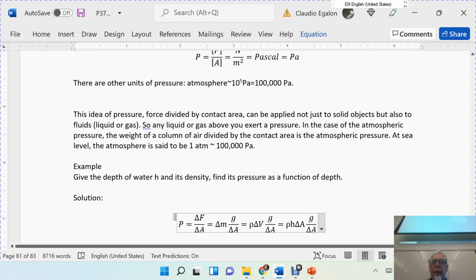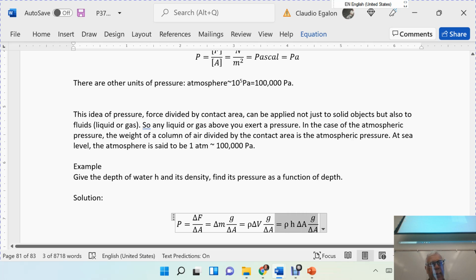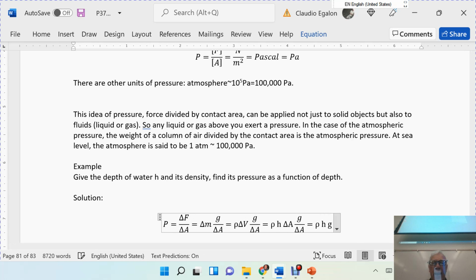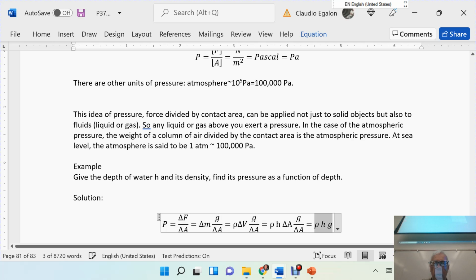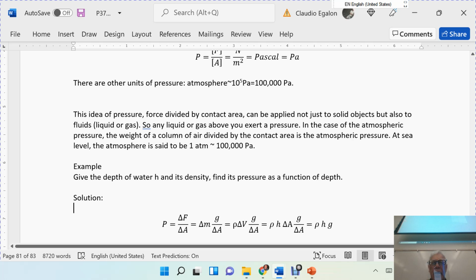Do you see what happens to the delta A now? This delta A downstairs is the same as this delta A upstairs. And that's the nice thing about this derivation: whatever we do not know ends up canceling out. You usually get things like that in physics. And that's what we get for the pressure due to a fluid, rho h g.